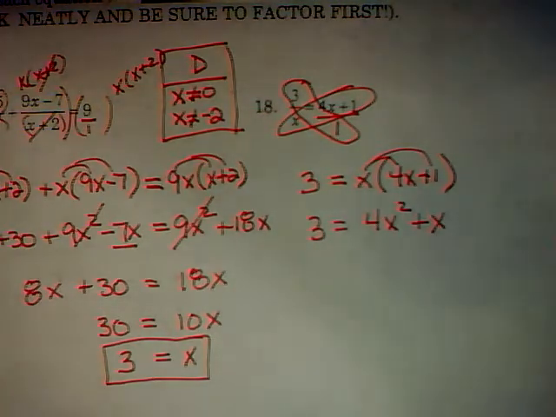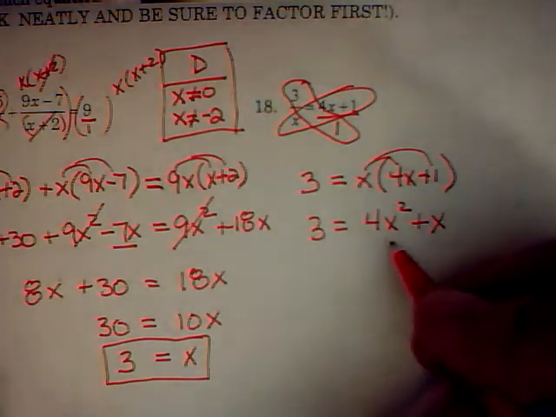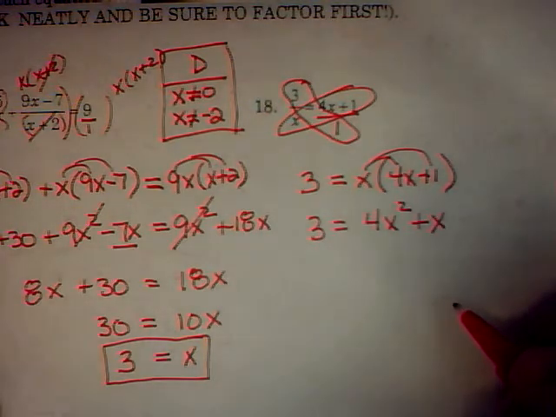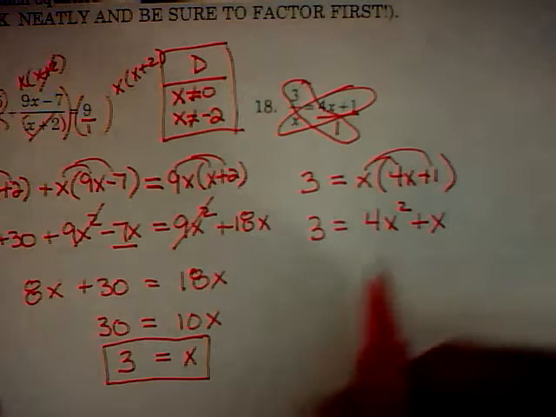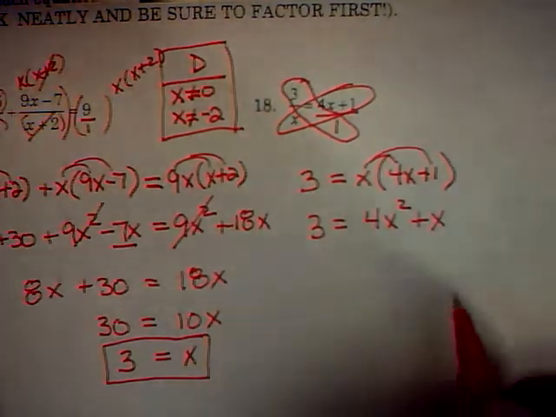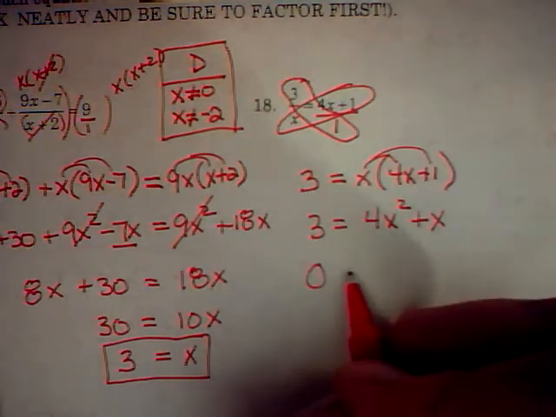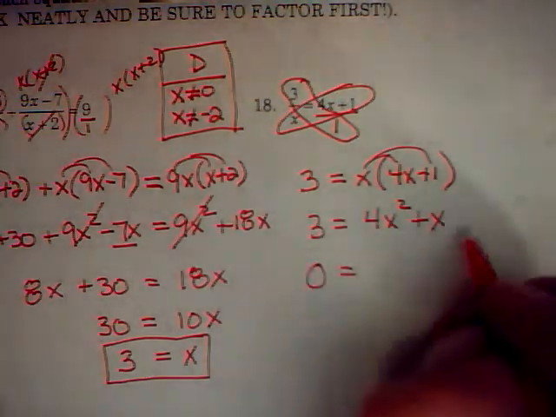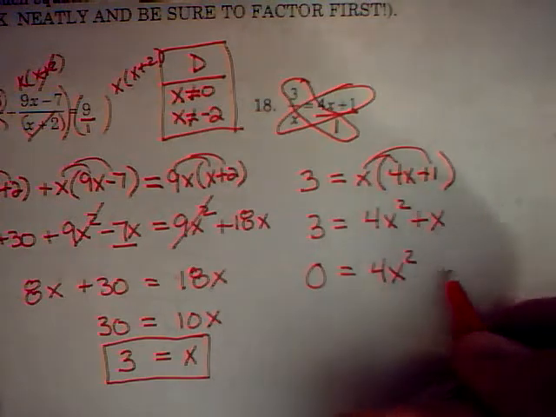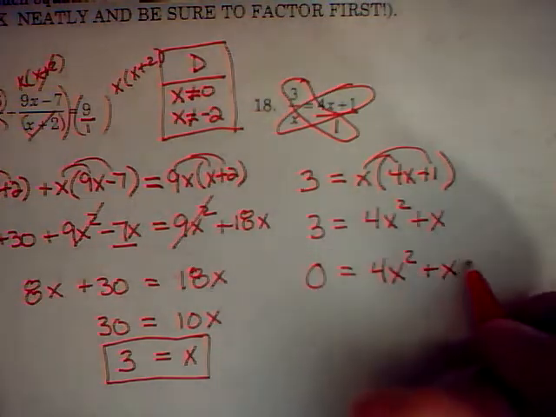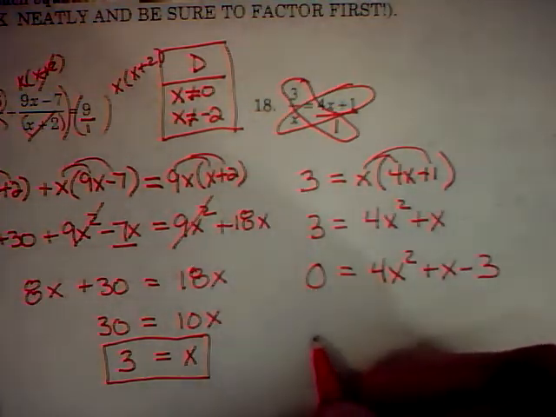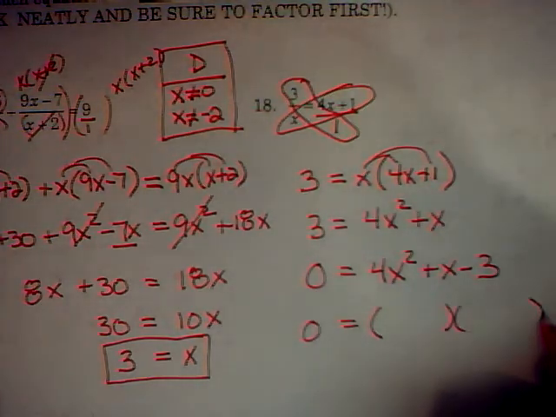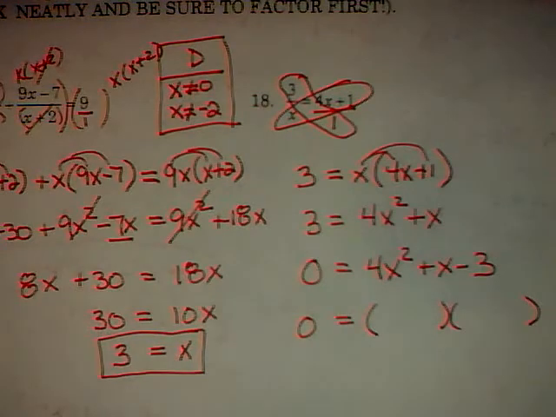Then here, apparently, since we still have an x squared here, we have ourselves a quadratic, which has not happened too often here. So on a quadratic from the last unit, we have to set this equal to 0. So 0 equals, we're going to have to subtract the 3 over to the other side. So you get 4x squared plus x minus 3. So we're going to need to try to factor that. Hopefully that will factor.